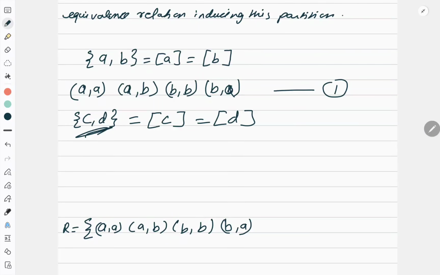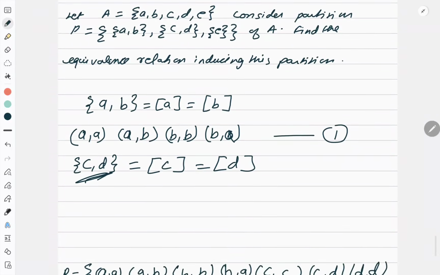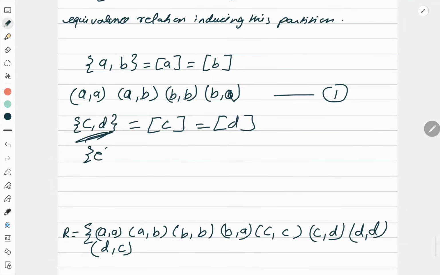Now for the second one I'll have (C,C), (C,D), (D,D) and (D,C). What is the next one? Next one is only E. So E is the equivalence class of only E, so I'll have (E,E). So this is your equivalence relation. You can verify. This is how you can find out the equivalence relation from the partition.